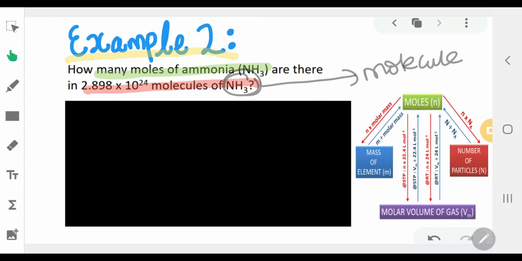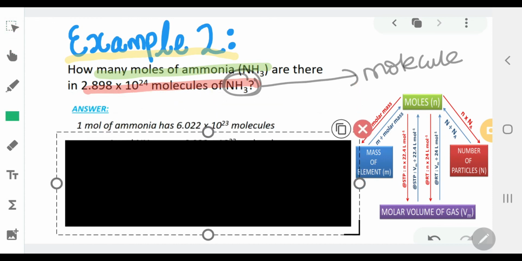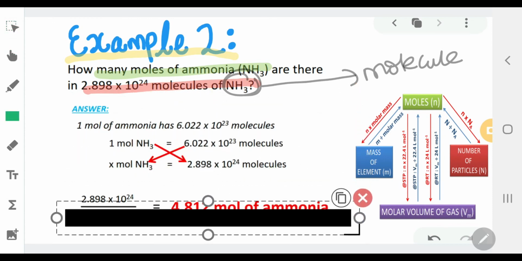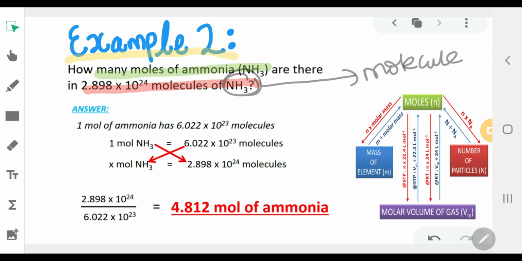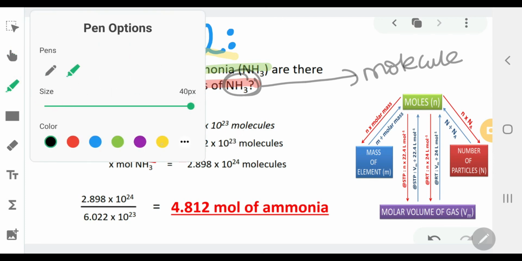Okay, so how do we do that? You can do it in this form. It's the same concept. You have 1 mole of ammonia has 6.022 times 10 to the power 23 molecules. So we have talked about this just now.